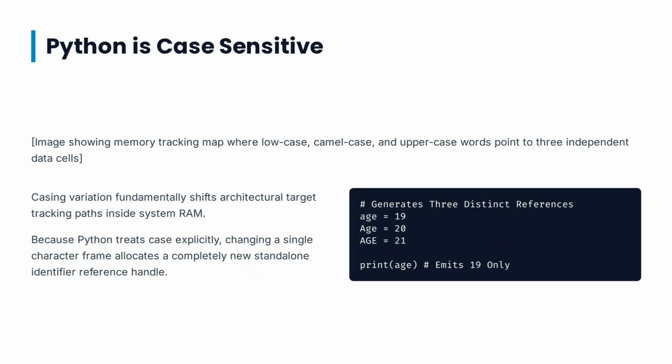Python is case sensitive. In the previous lecture we already talked about this, that Python is very much case sensitive. Case variation fundamentally creates different names in memory, because Python treats case explicitly. Changing a single character's case creates a new, standalone identifier. See here, lowercase age is written and 19 is assigned to it.